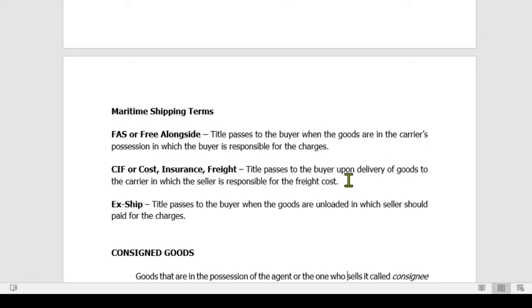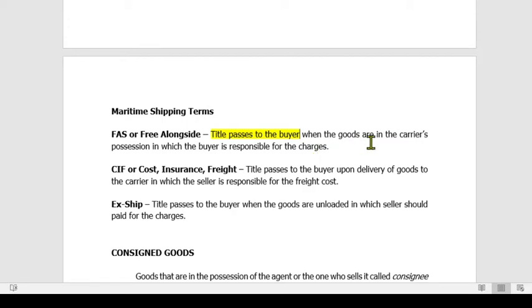When the maritime shipping terms is free alongside, ibig sabihin, kapag nandun na sa carrier, kanino na ang ownership noong inventory, it will be on the buyer. Kaya sabi niya dyan, title passes to the buyer, in which the buyer is responsible for the charges.